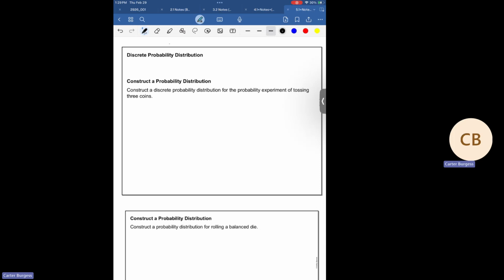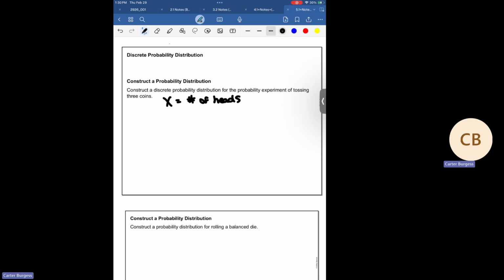So let's use the one that we defined earlier. We said that our X was equal to the number of heads. So X is number of heads.